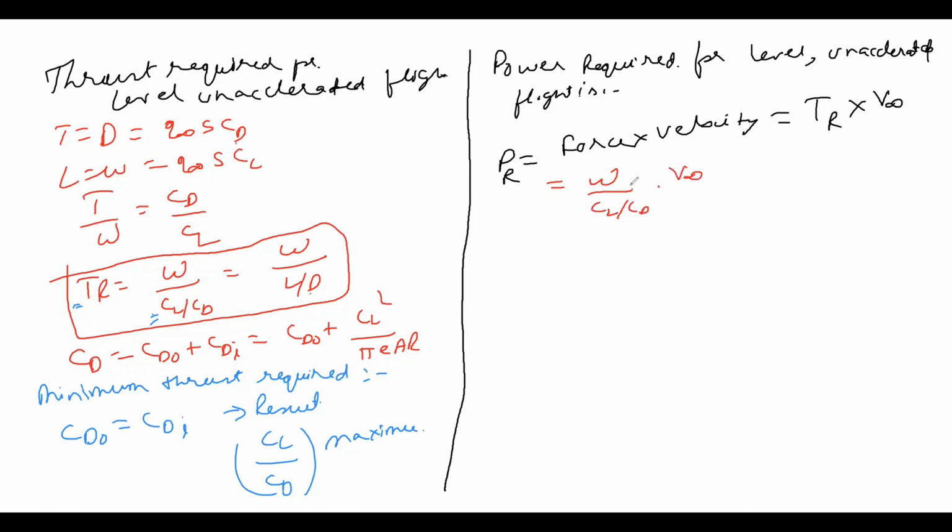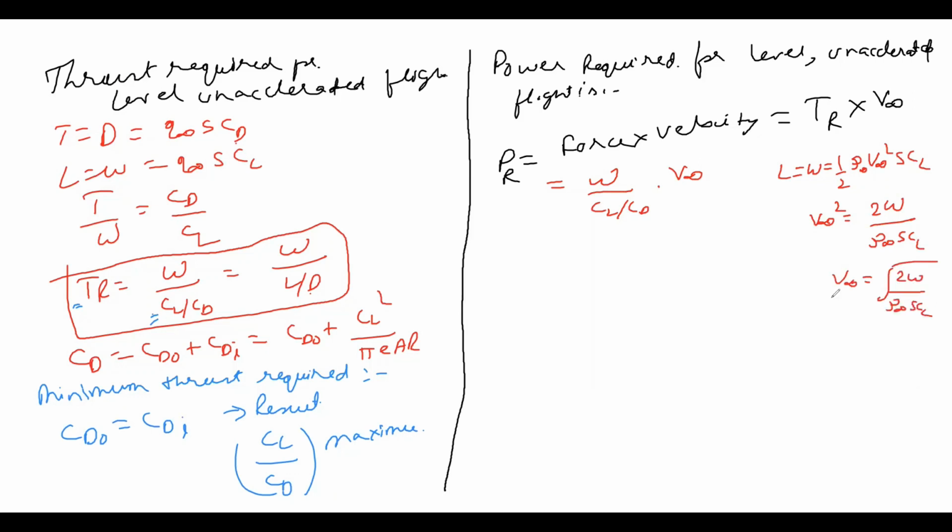Okay. Now what is the formula for V infinity? You know that lift equal to weight equal to half rho infinity V infinity square S CL. So from here V infinity square will be written as 2W upon rho infinity S CL. So V infinity will be equal to square root of 2W upon rho infinity S CL.